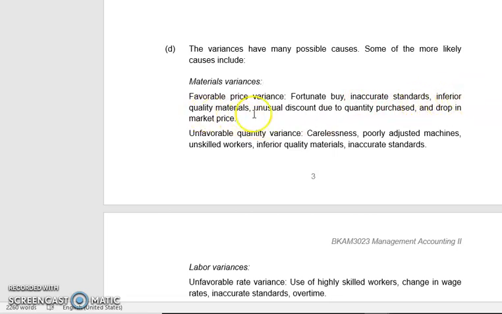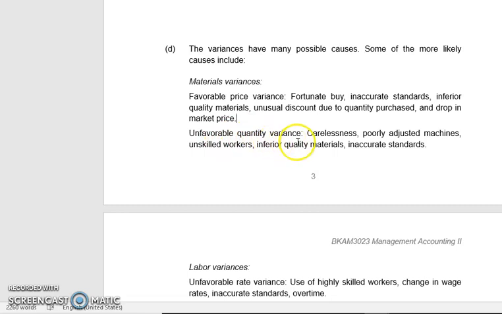Inferior quality materials: because the quality is low, the price is also low, so you have favorable price variance. Unusual discount due to quantity purchase: maybe you bought a lot, so you got a very good low price, and a drop in market price. So these are the possible causes.